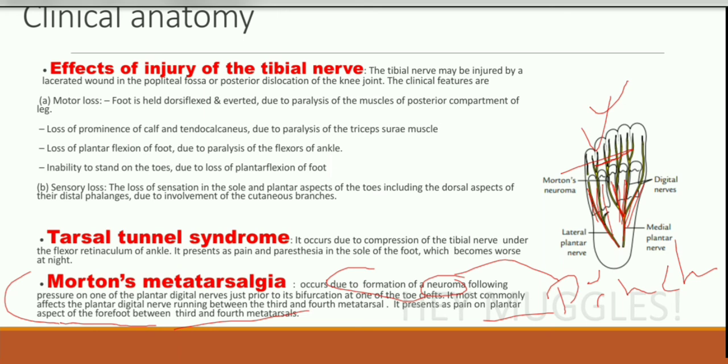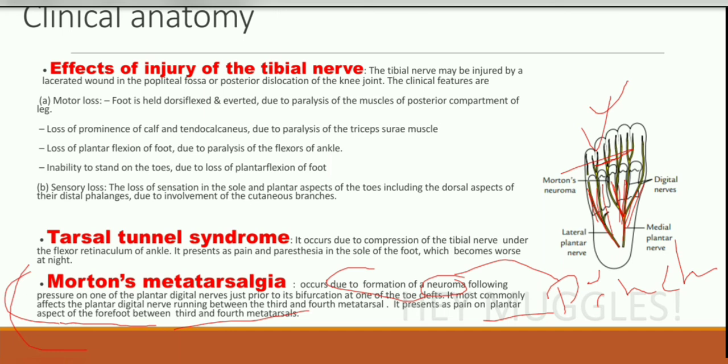So there is pain on the plantar aspect of the foot between the third and fourth metatarsal. So this was Morton's metatarsalgia, and it is also known as plantar digital neuroma, right?